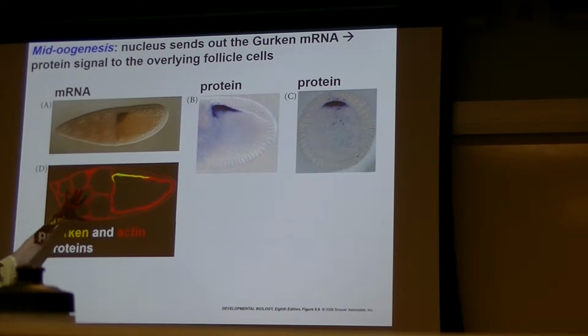Here is a double immunohistochemistry where there's a fluorescent yellow tag localizing gurken protein, and then probably a phalloidin-tagged moiety that recognizes actin. That's just to outline the shape of the cells so we can see them better.